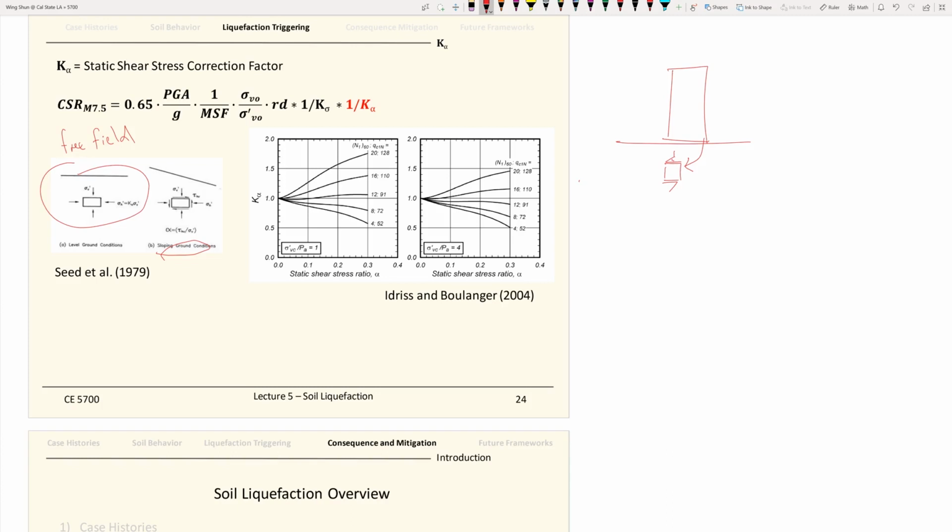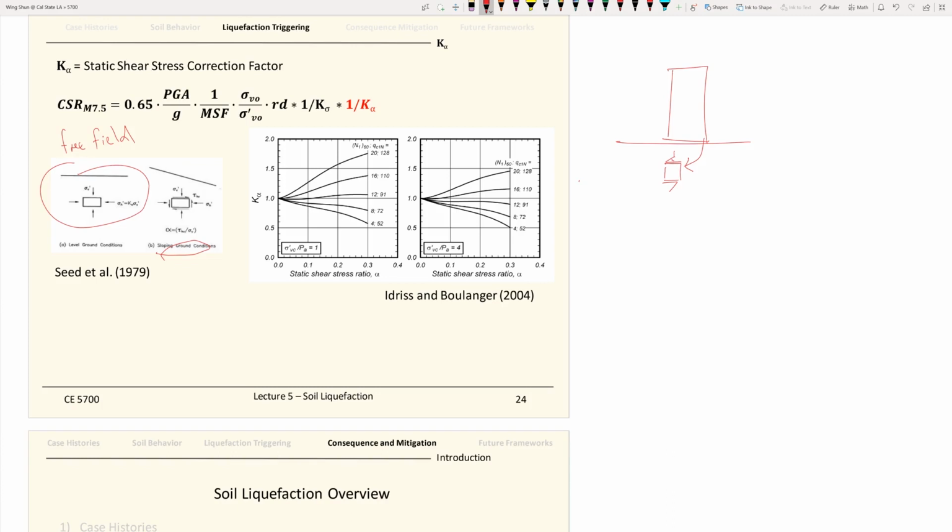It's quite fascinating. You need a very complex 3D model to look at those issues. You need a program like FLAC to help you get there with the effect of the structure. And if you want to learn FLAC, feel free to take the Foundation of Advanced Geotech Design course that we offer next semester, CE5670.